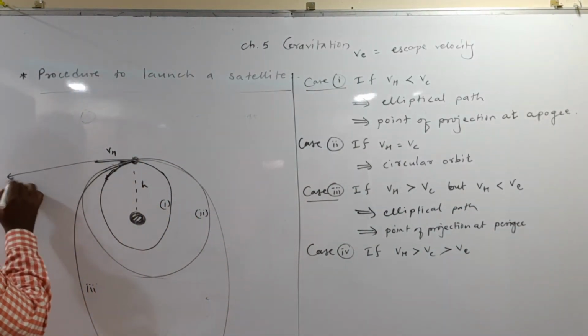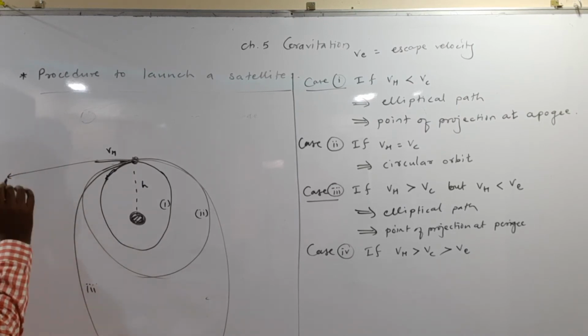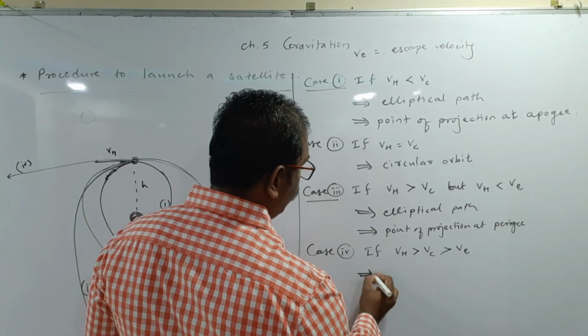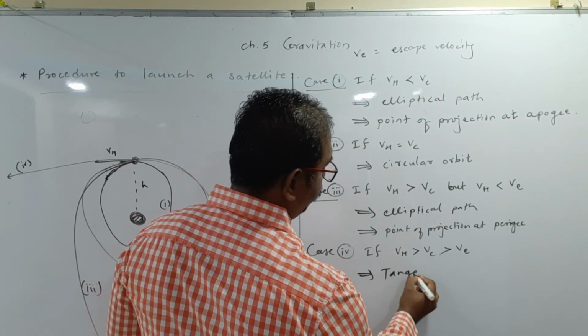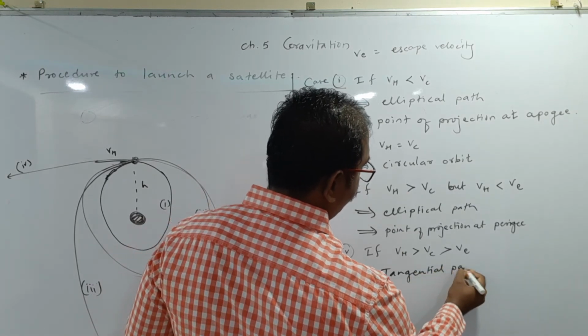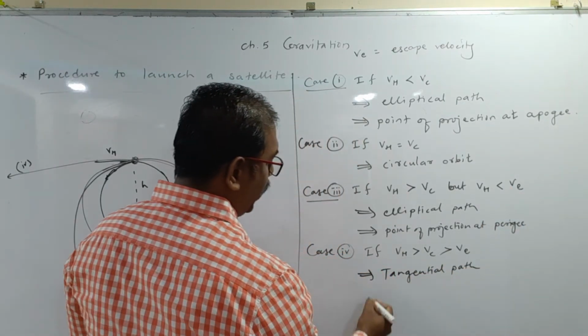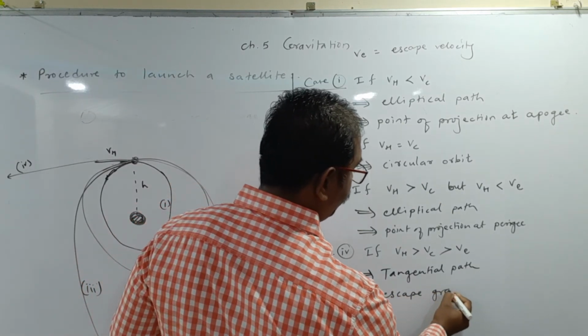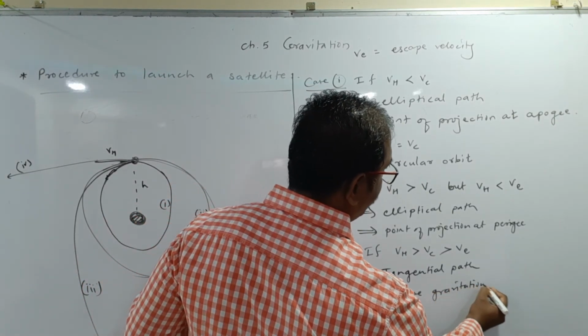Then it follows this type of path, a tangential path, and escapes the gravitational field. So this is the fourth path.